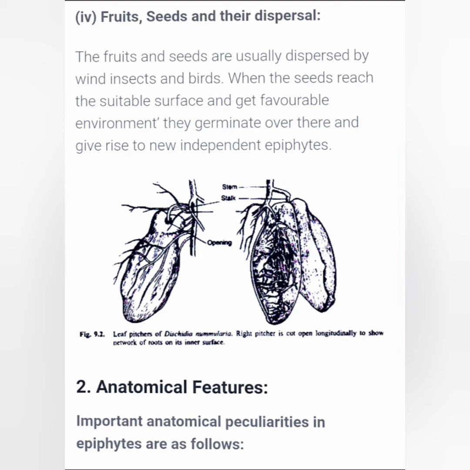So they disperse from one place to another through the help of the wind, insects, and the birds. When they reach the suitable host and favorable environmental conditions, they will germinate and give rise to a new independent epiphyte.